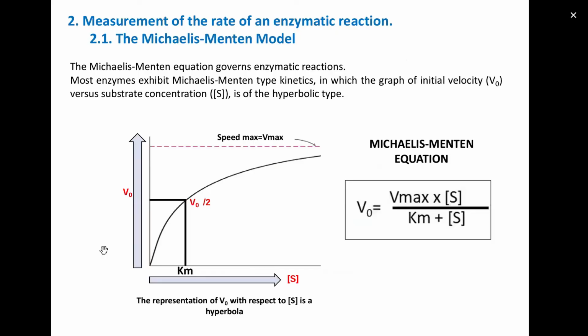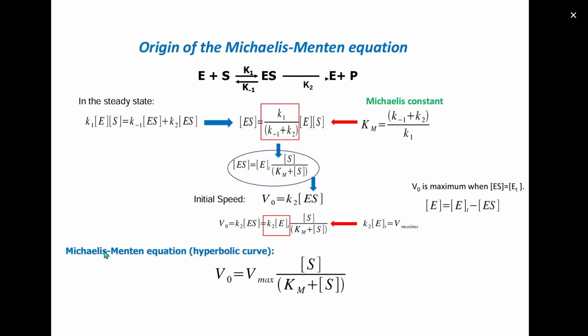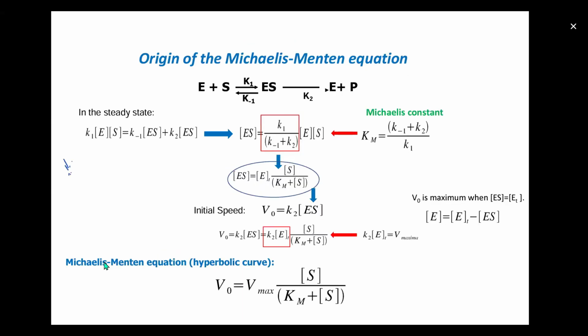So to measure the rate of the reaction, which is V here, it is going to be K1 times the enzyme concentration times the substrate concentration.